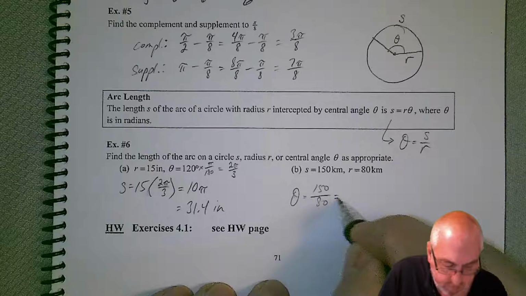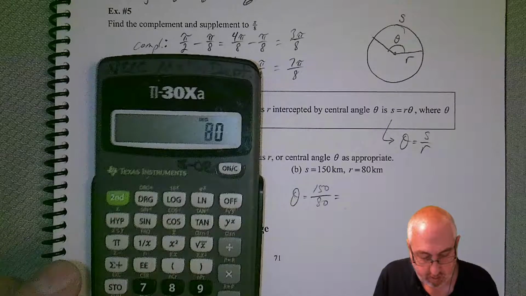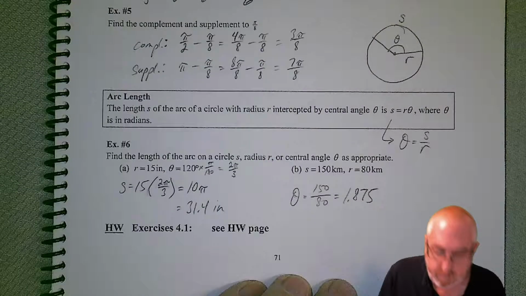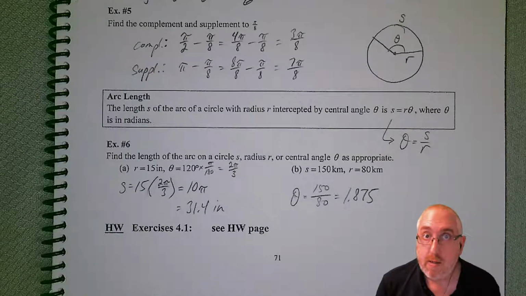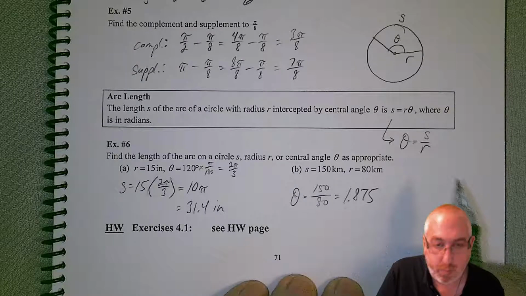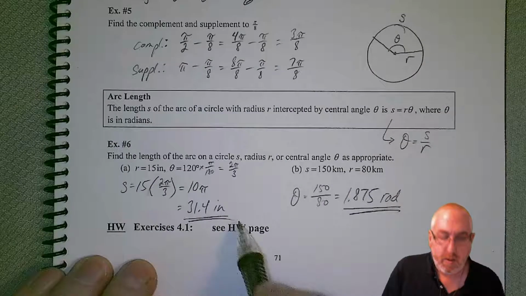Well, let's see what our calculator says. 150 divided by 80 equals 1.875. So 1.875. But what are the units for this? Well, we already know it should be in radians. So that's our units.